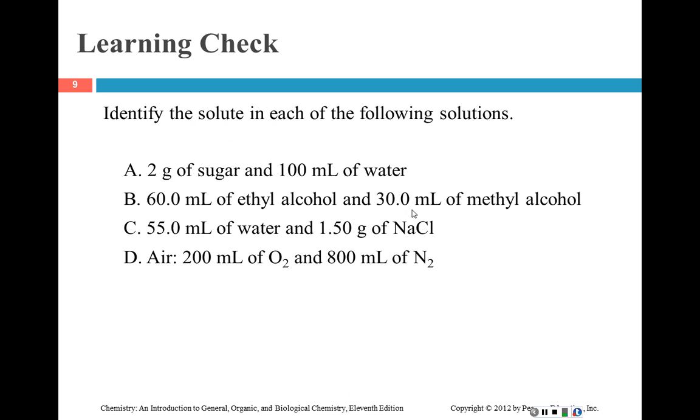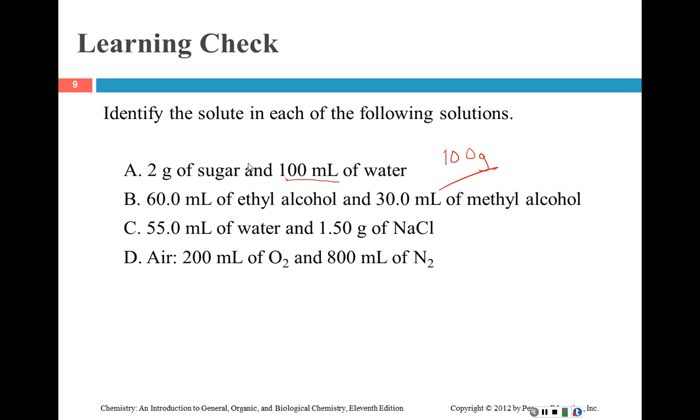Okay, so let's do some learning checks on this. Identify the solute in each of the following solutions. So remember the rule. The rule is that whichever one is the bigger is the solvent, okay? And so whatever's in a lesser amount is solute. This first one may be trying to trick you a little bit. We know the specific gravity of water is 1, and so 100 milliliters is the same thing as 100 grams of water.